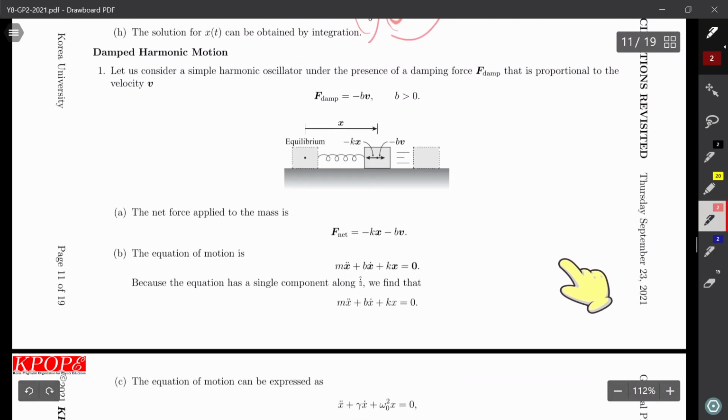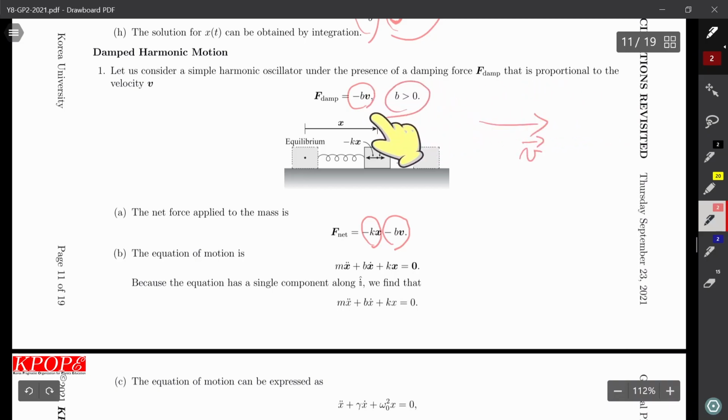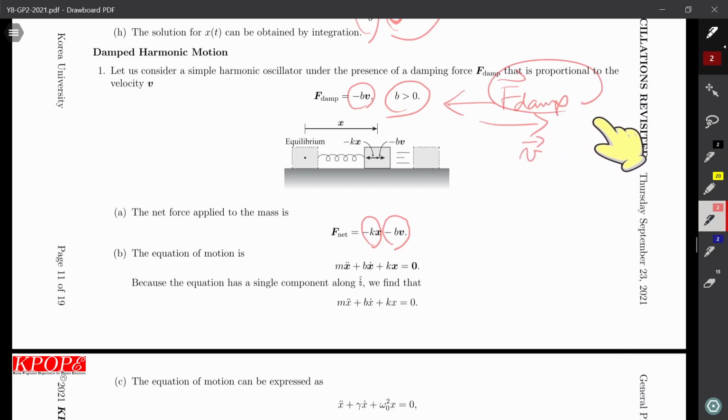The damped harmonic motion is to be considered next. There is a spring force and a damping force. The damping force is always opposite to the velocity, minus bv, where b is positive, so this is the damping force, F damp. The damping force is always opposite to the direction of motion.